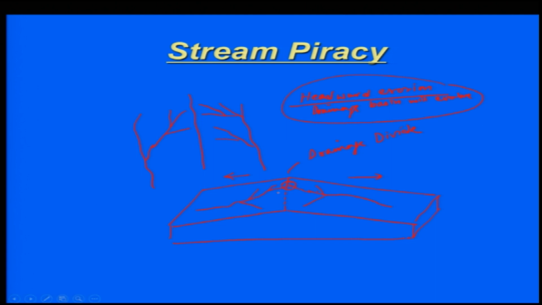And that is what we call stream piracy, or stream capturing. So the whole drainage basin will be captured by one basin, and then we will have the flow getting into one single basin.